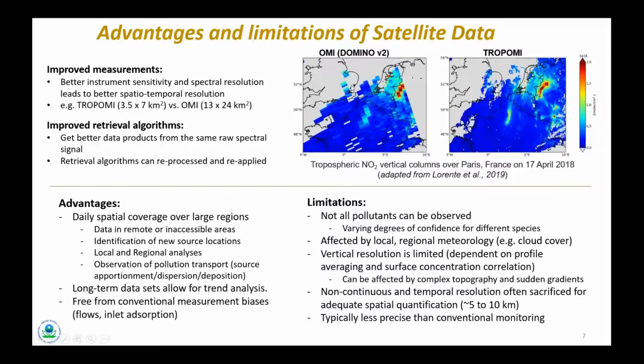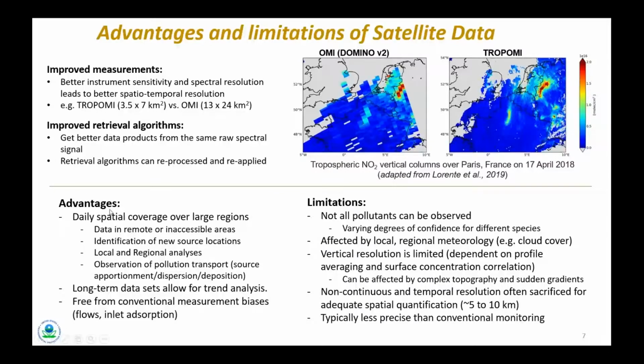I've shown here OMI over Paris, France, and then TROPOMI, and you can see the improved spectral resolution. Also, the retrieval algorithms are improving over time. You can use the same raw spectral signal and rerun algorithms, so you can reprocess those to get better data as knowledge and technology advances.